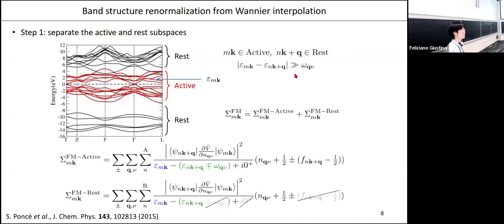So the phonon frequency is much smaller than this buffer region. And then you can Wannierize this active space, choose a Wannierization that includes all these active space bands, and then define the remaining bands as the rest space bands.